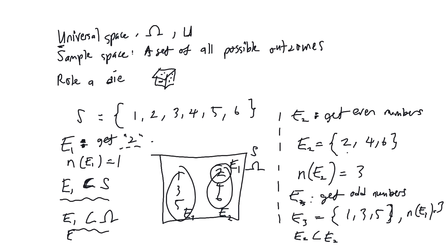So are event number 2 and event number 3 also subsets of the sample space.